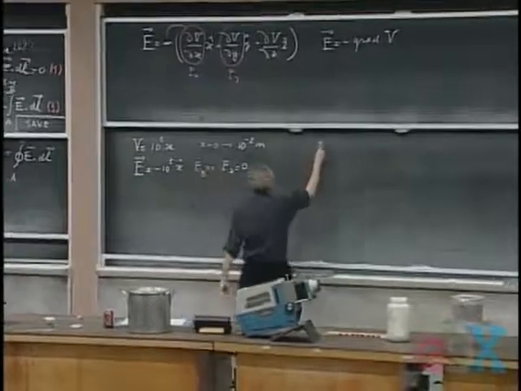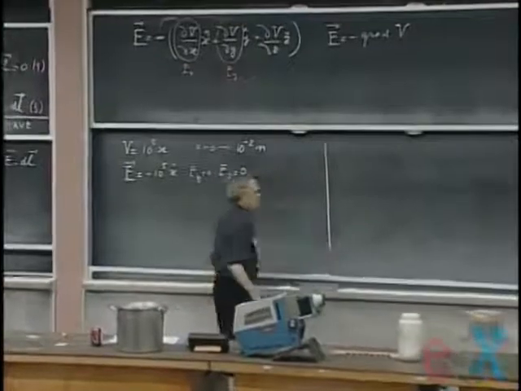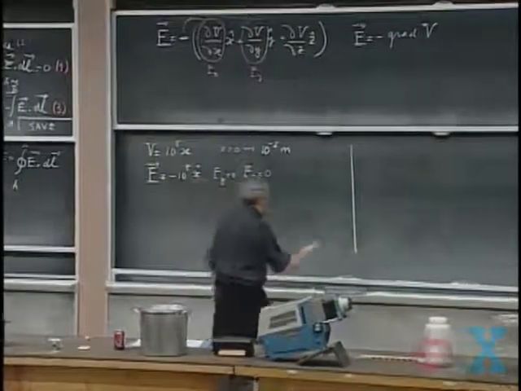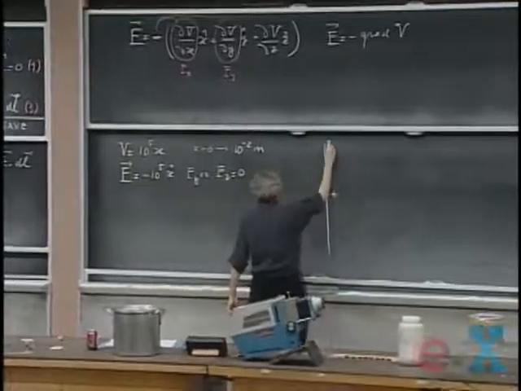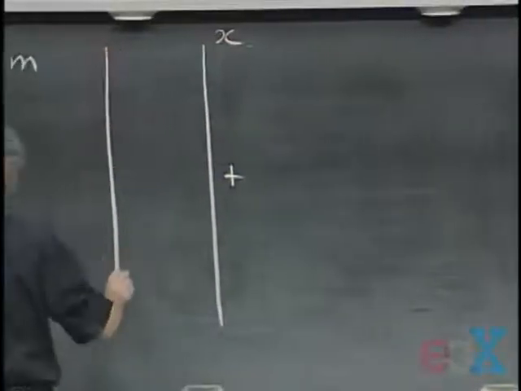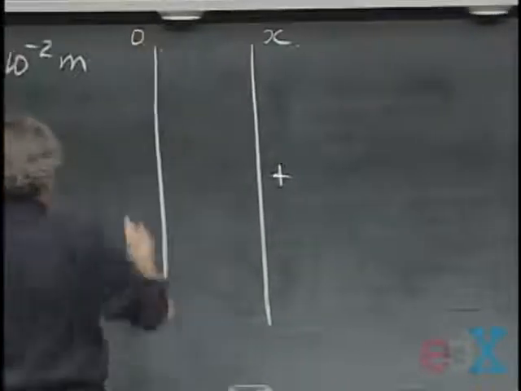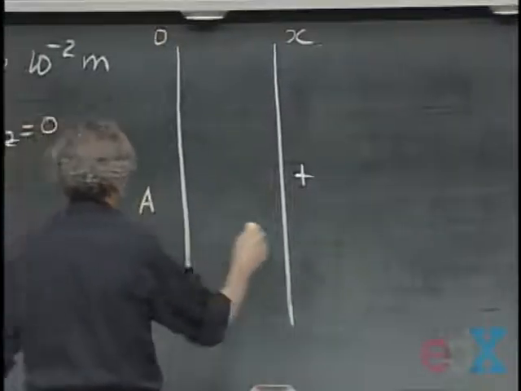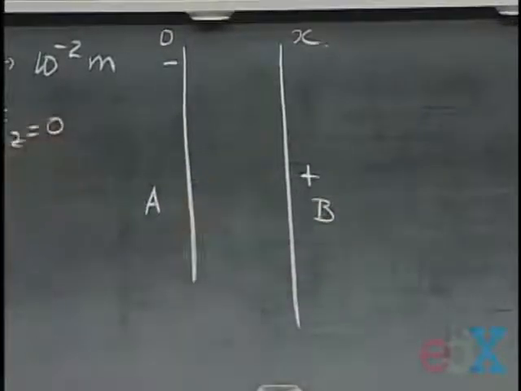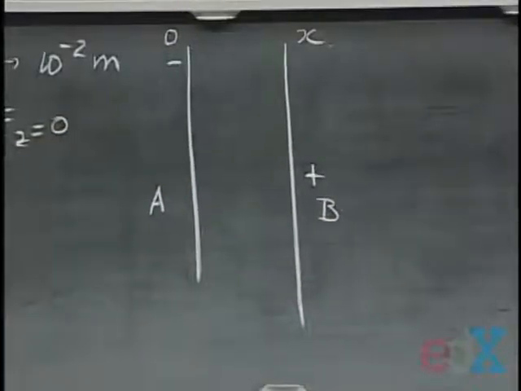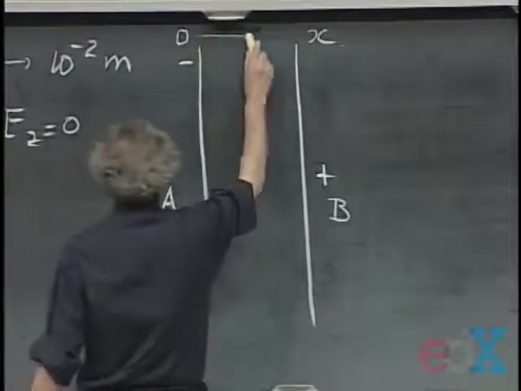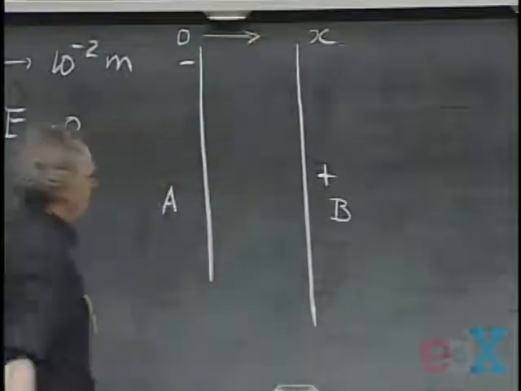Imagine that I have here a plate which is charged with positive charge. And the plate is at location X, and I have another plate here, just say at location 0. I call this plate A, and I call this plate B, and this plate is charged negatively. So X goes into this direction.